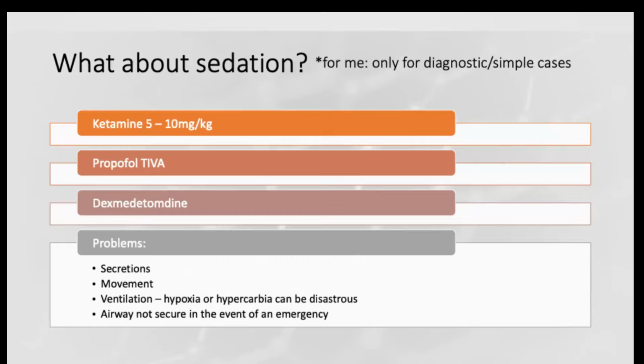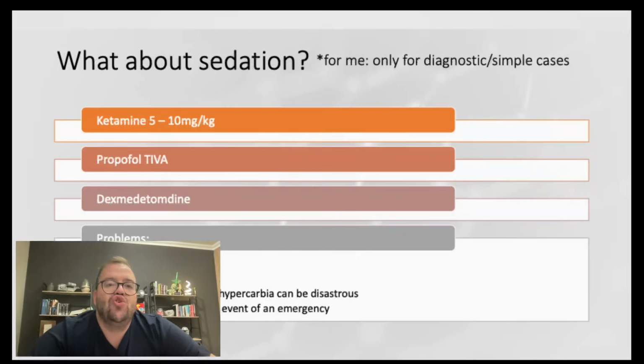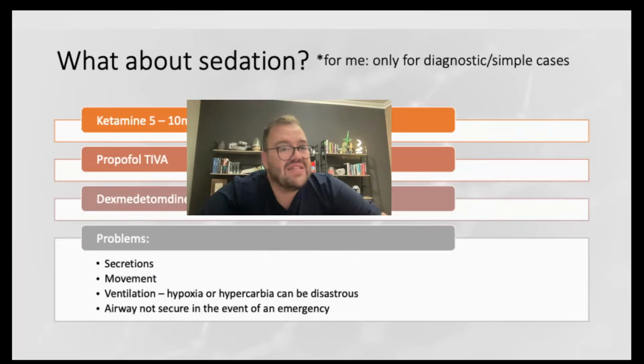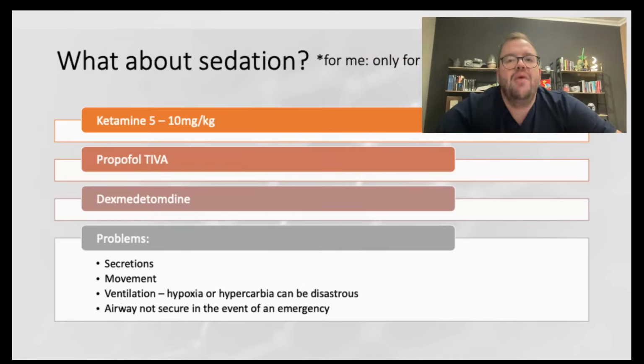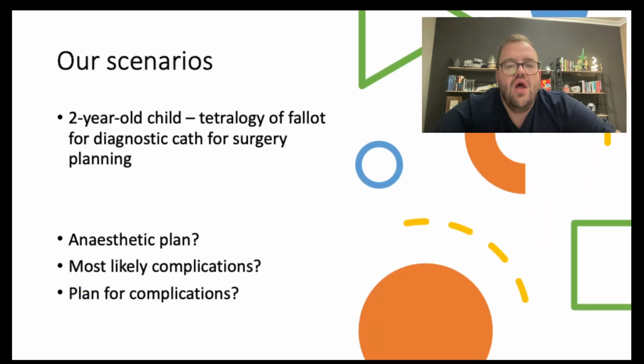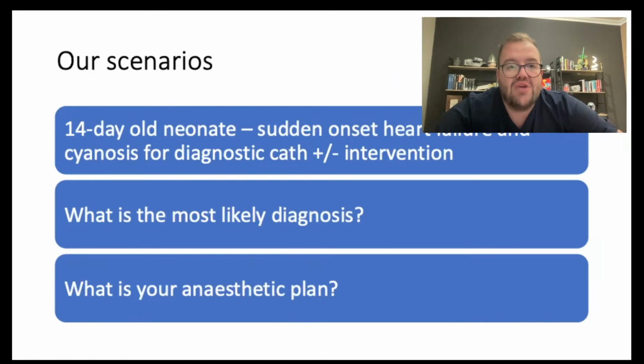I'm sorry, but I don't have enough time, energy, and cortisol stores in my entire body to welcome that type of stress in my life, guys. So sedation for the braver, but for me, I'll only do sedation for a very simple ASD, VSD, or PDA diagnostic only. Okay?